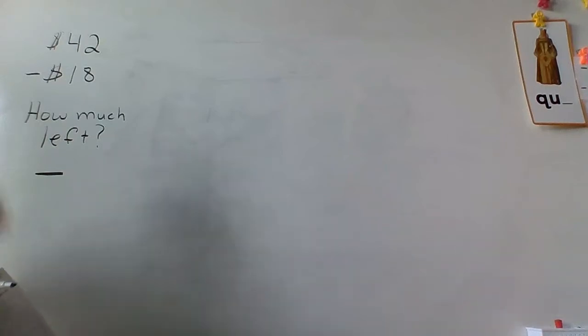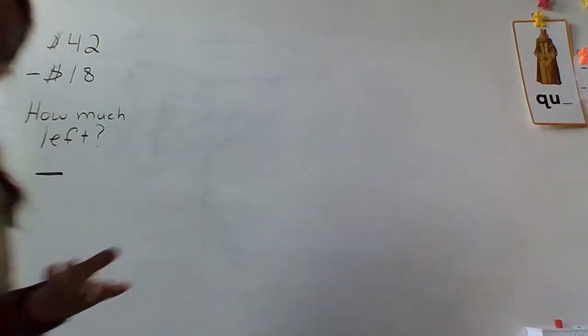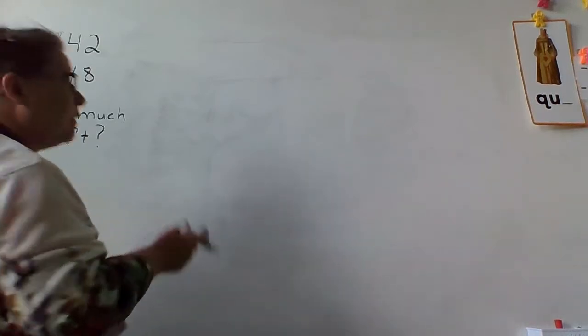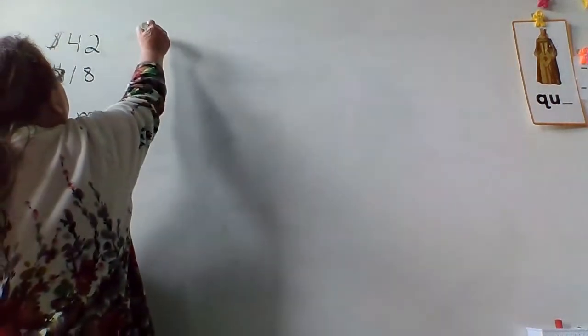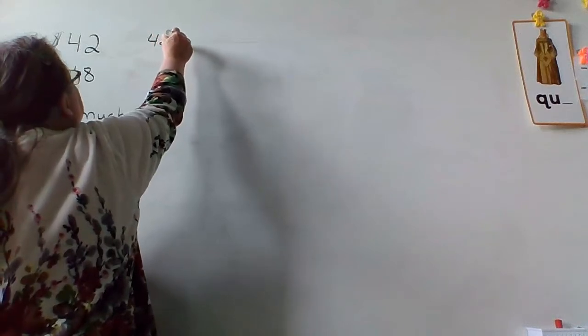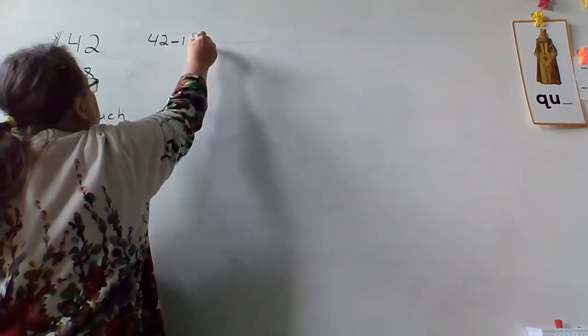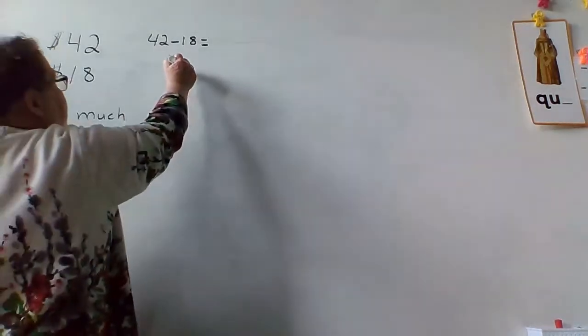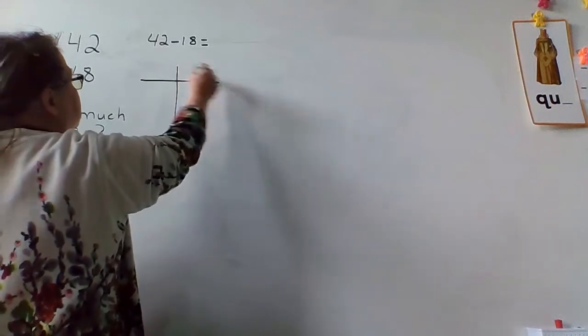Okay? Well, let's work this out like we've been working out some of our math problems right now with our T. My problem would be 42 minus 18. That's the problem that I would have to solve. Well, I'm going to make my small T here. You can do that too.